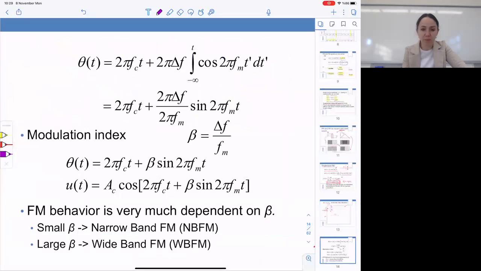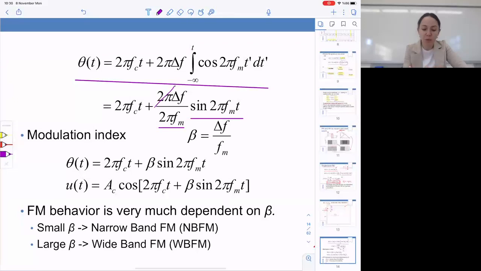Now, let's see. This is our instantaneous phase. And as you know very well, when you integrate a cosine, you get a sine. And the 2π f_m comes in here. Okay.